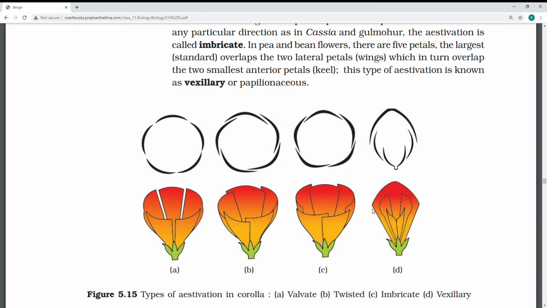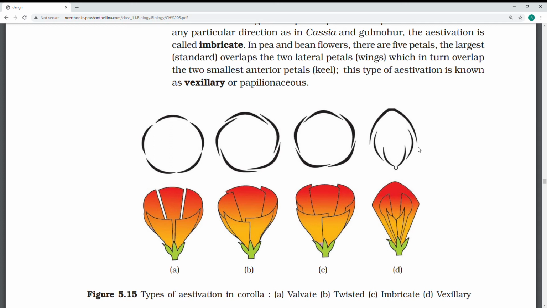So the last one is the vexillary. See the vexillary. Seen in flowers with 5 petals, generally pea flower, and you will see the down ones are in one order, the next one is another order, the top one is a single one. So the largest petal overlaps two smaller ones, which in turn overlap the smallest ones.